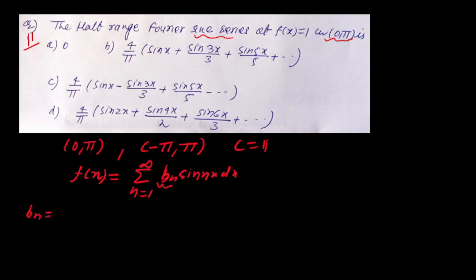So bn is equal to, and the formula for bn, if I am not wrong, you should remember, is 2 by c. So here what is c? c is pi, so 2 by pi, then 0 to c, so 0 to pi, and then you write f of x. So f of x here is 1, and sine n pi x by c, or sine n pi x by pi, so that is sine nx dx.